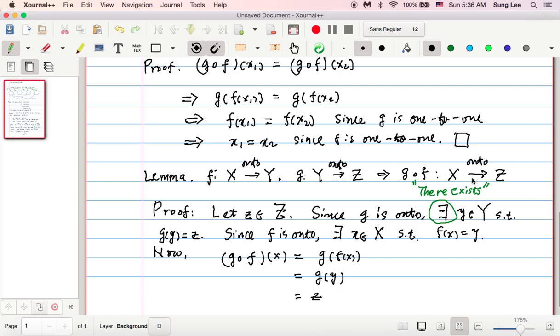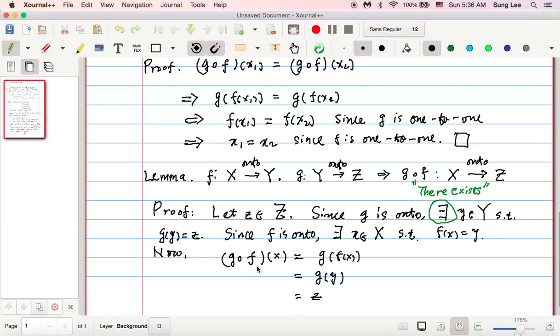So now let's read what we have here. We picked an arbitrary element in the codomain of f followed by g, right? And what we showed is that there exists an element. You can find an x, little x, in this domain X, which corresponds to this little z under the function f followed by g.